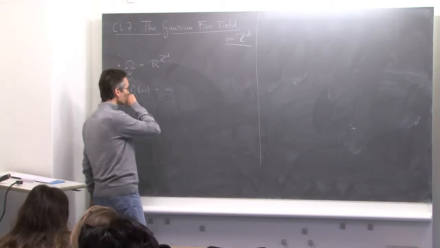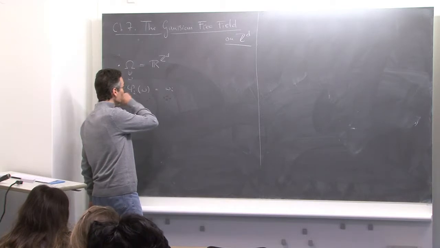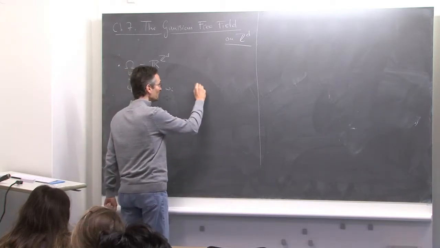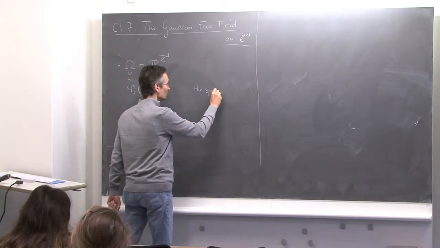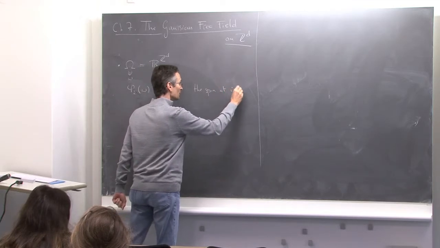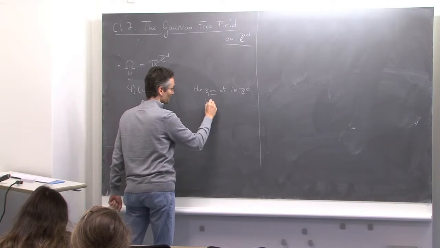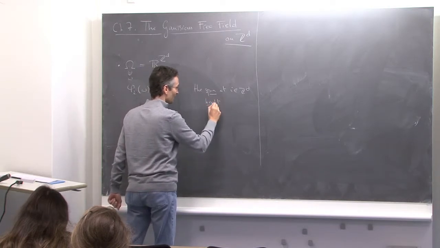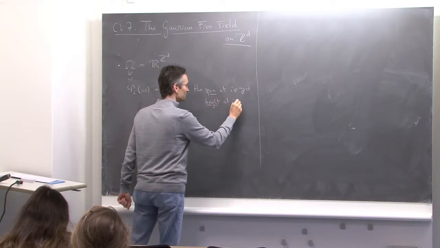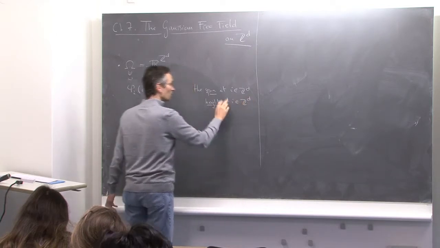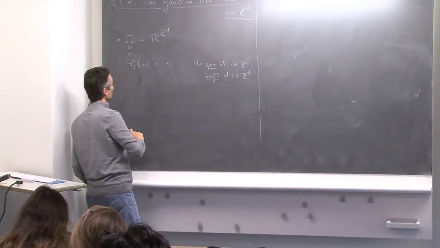It's more standard notation. And these I will call the spin at i, as in the Ising case, or the height at i. The reason for this terminology will be clear in a few minutes.